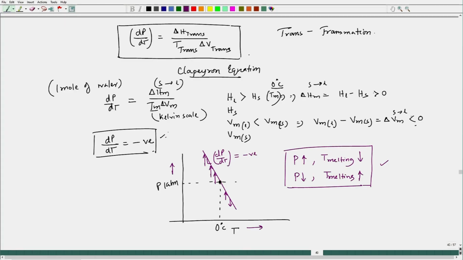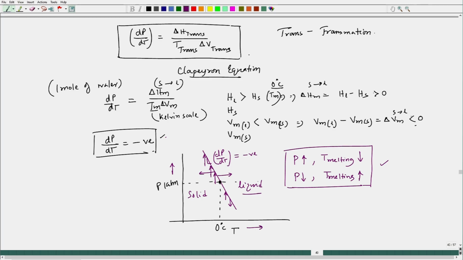So, till then at least one thing you understand, by doing this analysis we are actually demarcating two regions. One region is solid, another region is liquid. Okay. The right side of this line is liquid, left side of this line is solid. Okay.